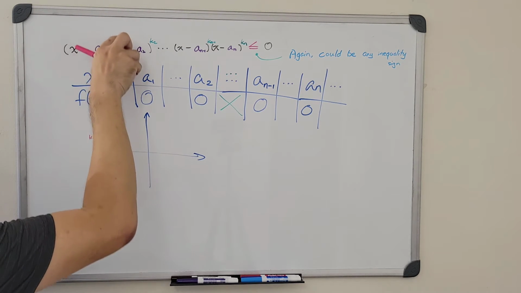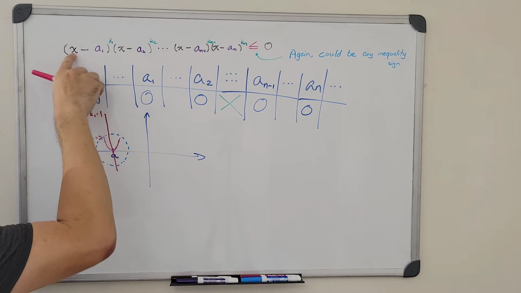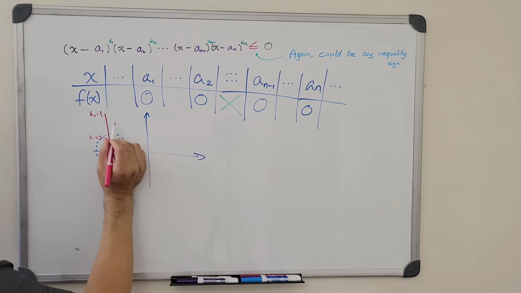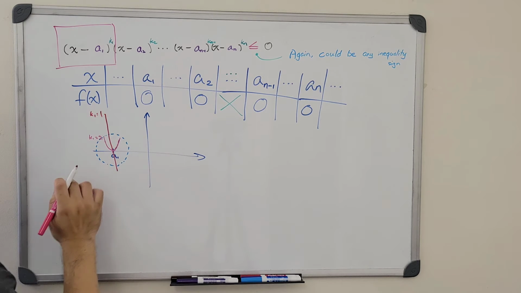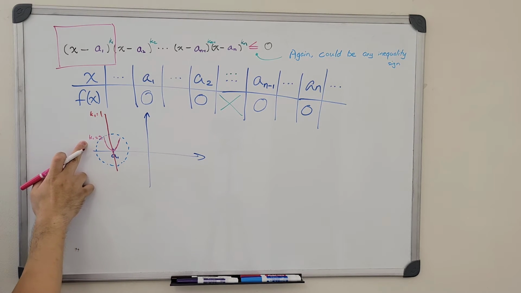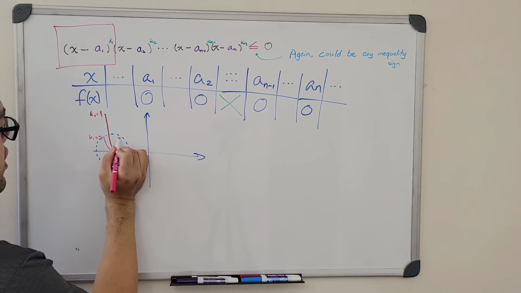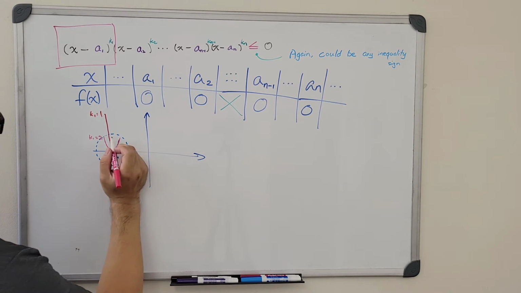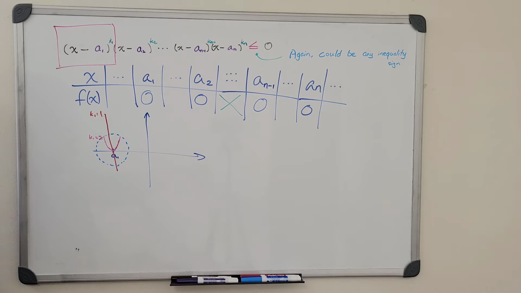It will only be affected by the factor that is turning to 0. Meaning that around A1, we only need to look at this part, and this part tells us that k1 equals 2, meaning we have 2 copies of it. So when we look just inside the blue circle, we get a shape that looks very close to a parabola, or a degree 2 polynomial.